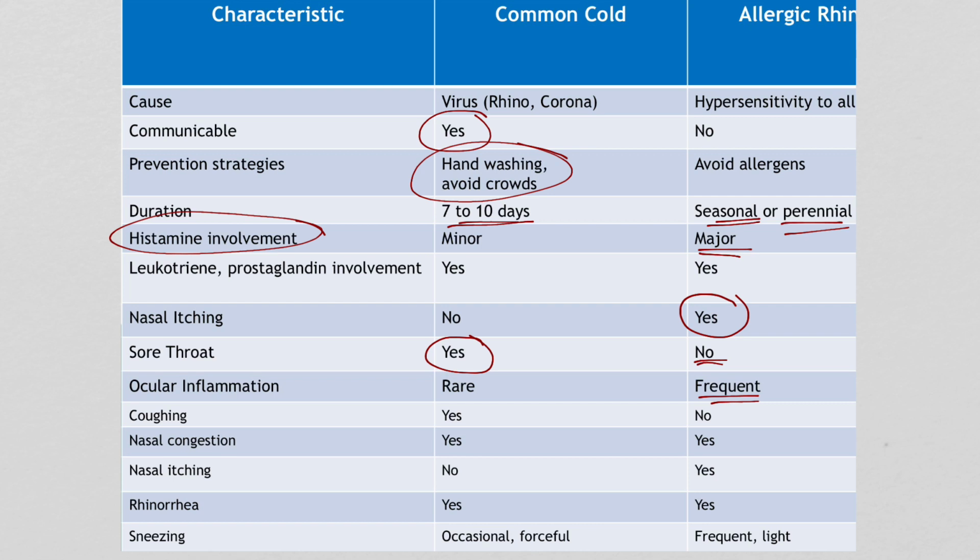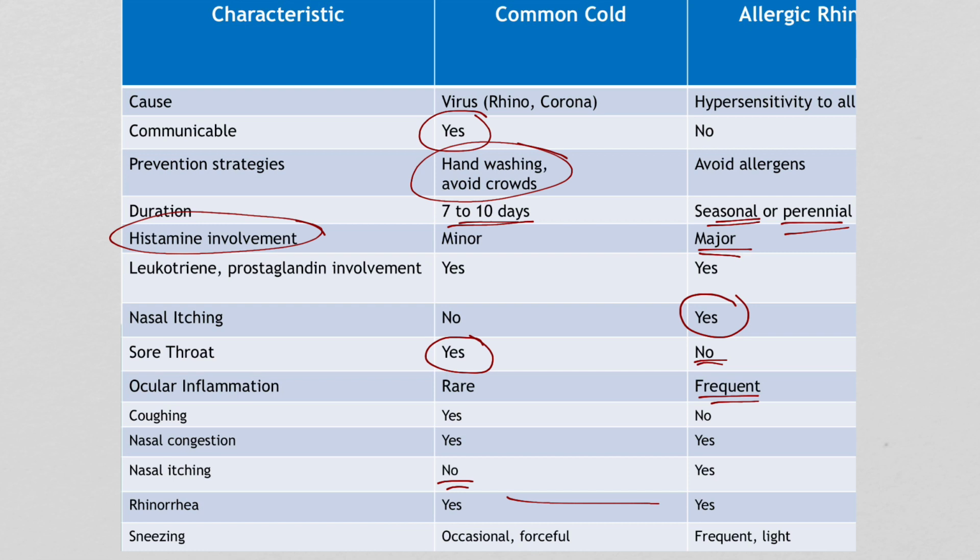And then we talked about nasal itching already. Rhinorrhea, runny nose, is going to be present in both. But in terms of sneezing, for the common cold, it's very occasional and forceful, like you're trying to get something out. Whereas with allergic rhinitis, it's frequent, constant, and they're very light sneezes.